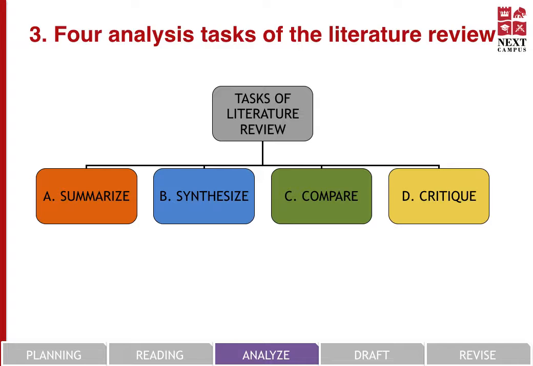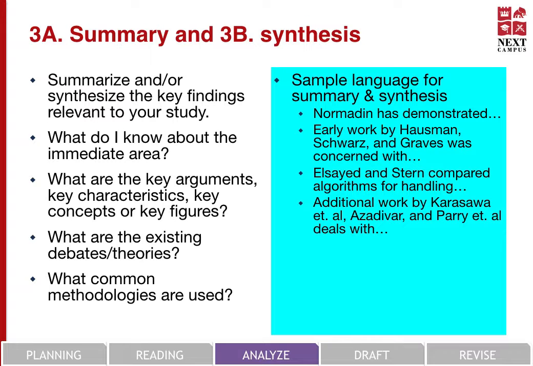Now let's look in more detail at these four areas, starting with summary and synthesis. When you summarize, you look at different authors and you bring their views, ideas to a concise few paragraphs.